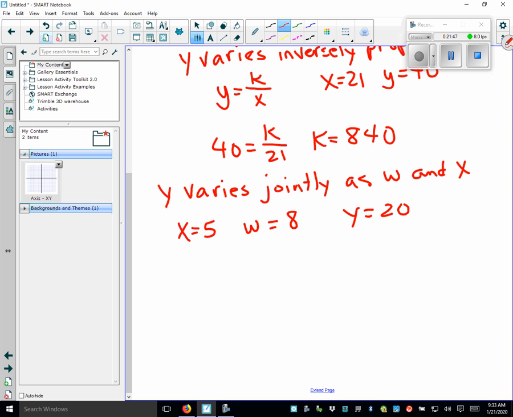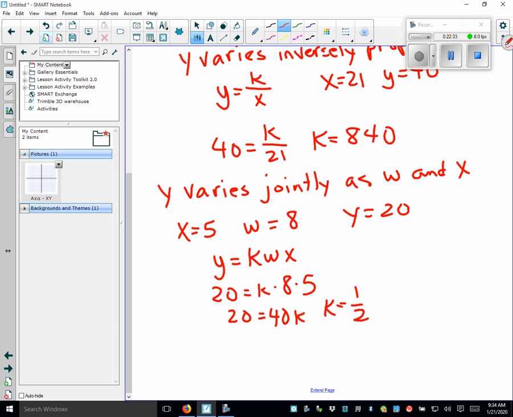Y is 20. So is Y equal to KWX? So 20 equals K times 8 times 5? 20 equals 40K. K is 1/2.